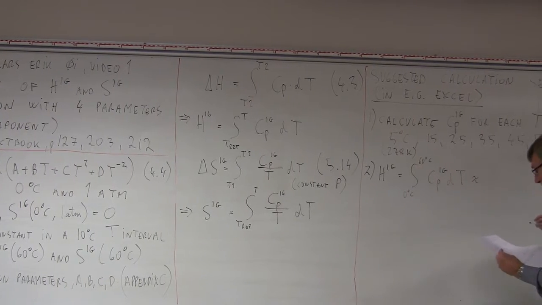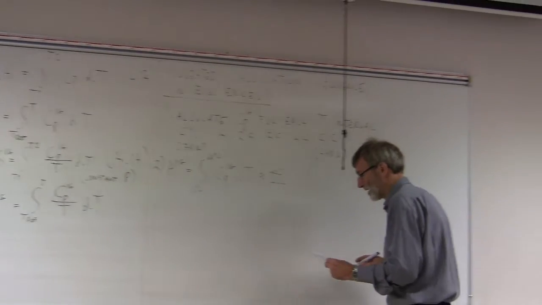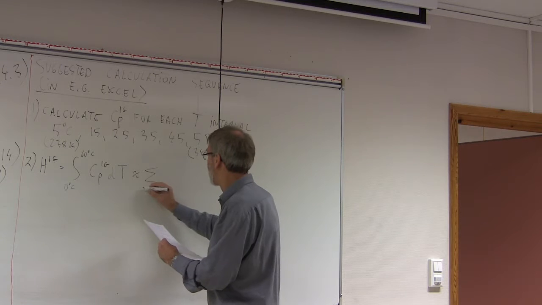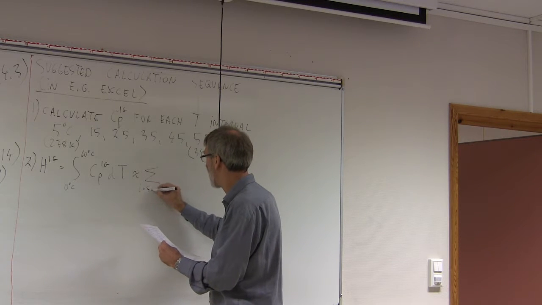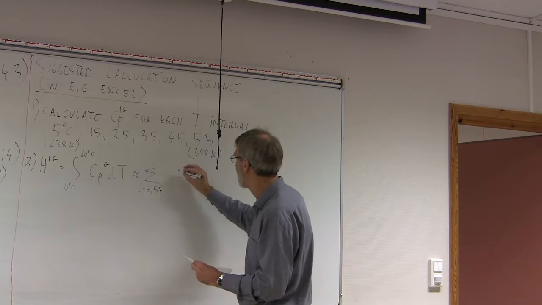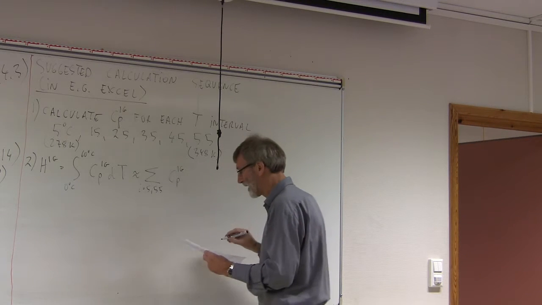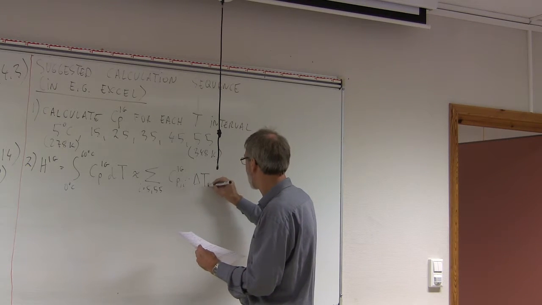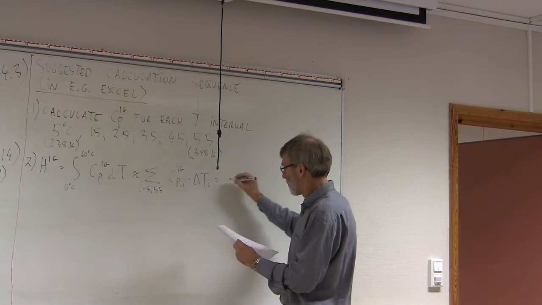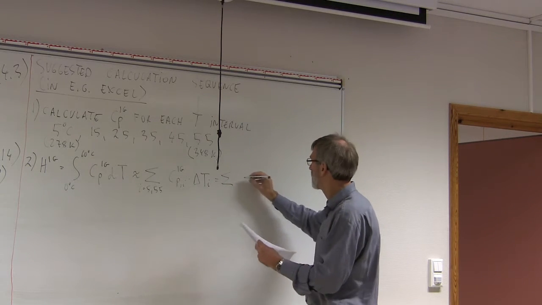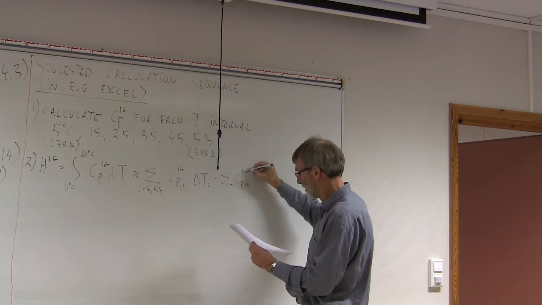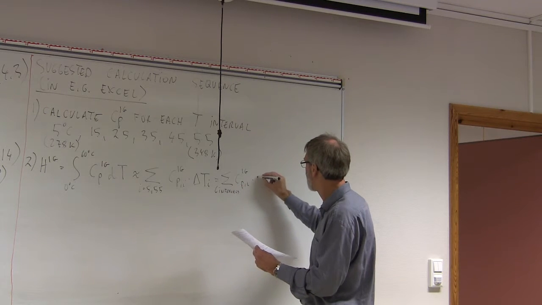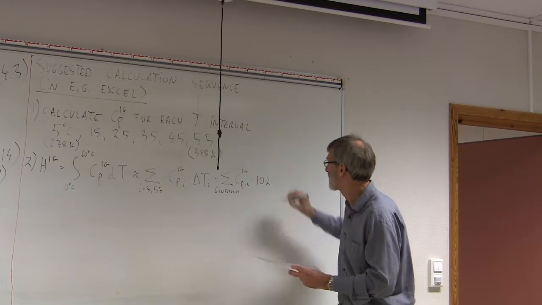But we have to approximate, and instead we take the integral as a sum from i equal to 5 to i equal to 55 of Cp ideal gas times delta T in the interval, or that is the sum of Cp,i ideal gas in the 6 intervals times 10 Kelvin.